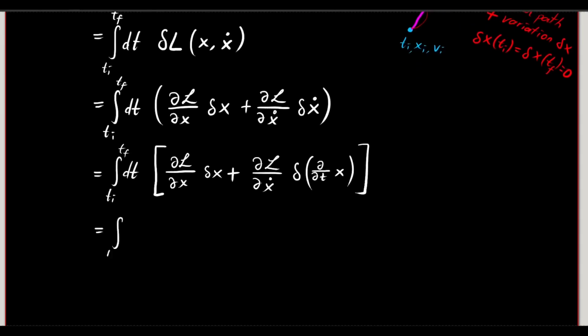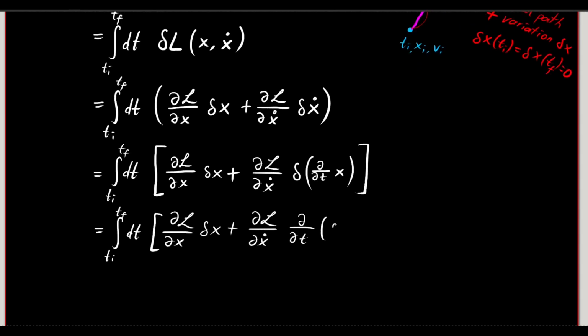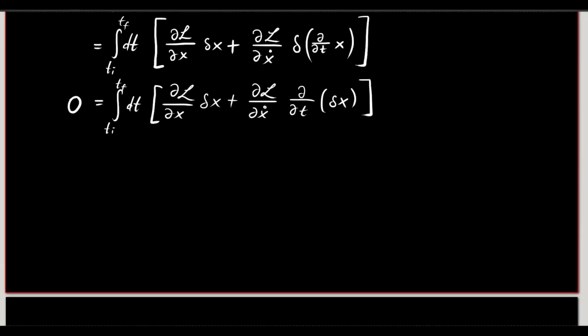This one might seem weird at first, but we can swap the delta and the time derivative. Here's a quick derivation of why. If we start with path x and we vary it, we end up with x plus delta x. Taking the time derivative, we get v plus the time derivative of delta x.